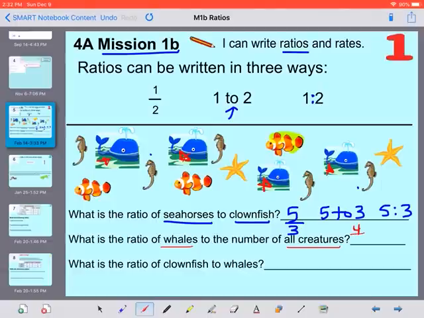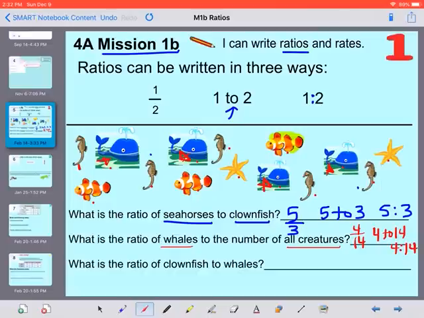To the number of total creatures, there are 1, 2, 3, 4, 5, 6, 7, 8, 9, 10, 11, 12, 13, 14. So 4/14, 4 to 14, or 4:14. They all represent the same ratio.